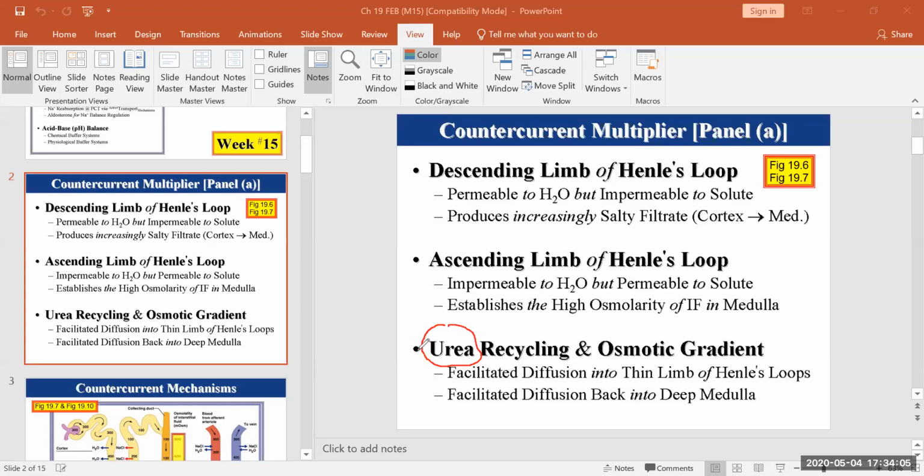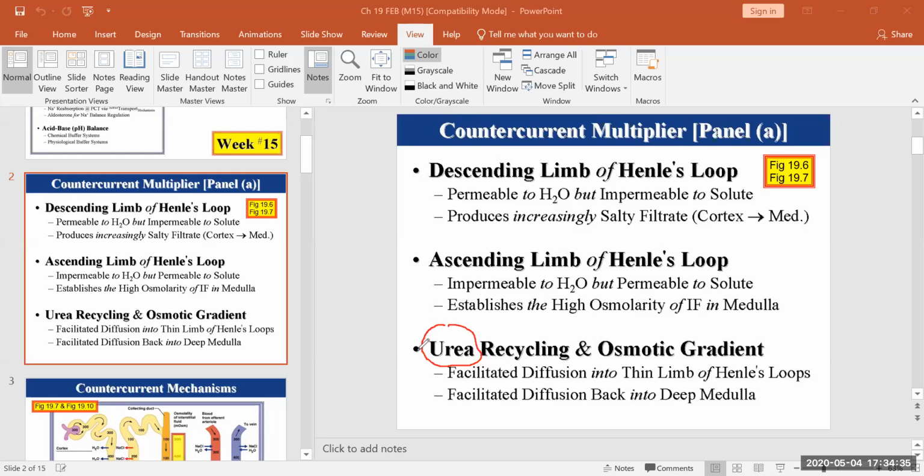Because we have urea transporters along that, in both the tubular system and in the capillary. If you go to page 540, figure 19.8, you will see on that picture UTA, UTB, and UTC.